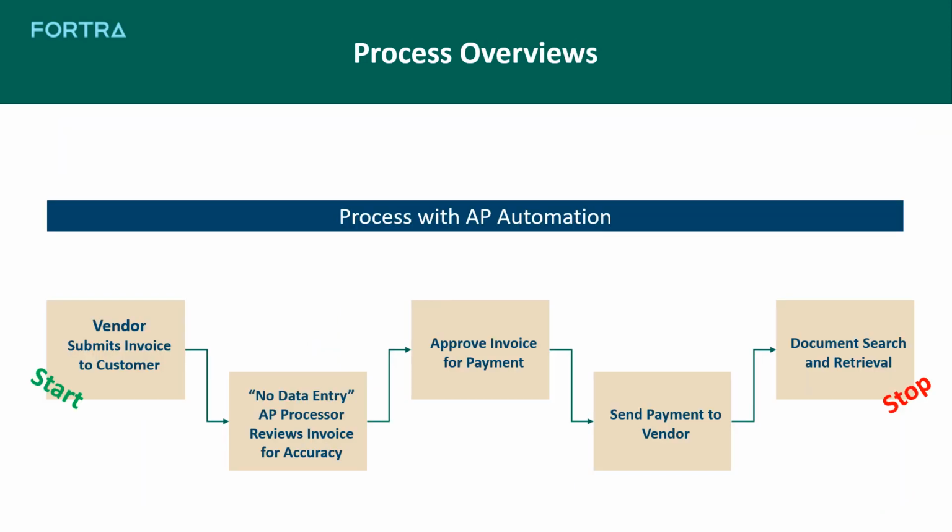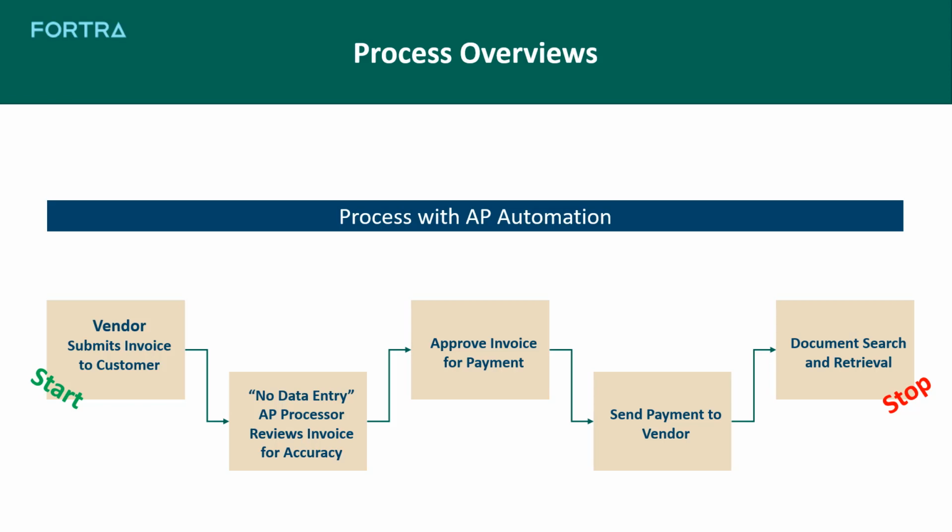And here's that same process broken down into 5 steps, right? So breaking it down and saying, we don't need all those other steps because the automation capability is going to streamline a lot of that process, and it's going to remove some of those tasks for the AP department and the human touch, right?